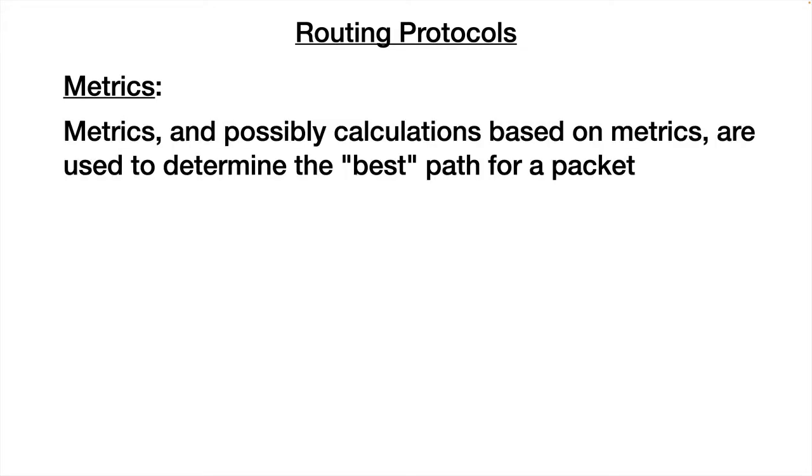Routing protocols use something called metrics to make their decisions. Basically, metrics determine the best path for a packet. Sometimes it's one metric, sometimes it's a calculation that creates the metric value.